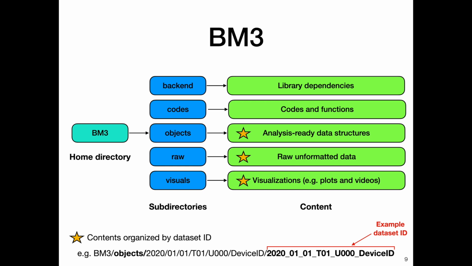An example is shown here as 2020_01_01_T01_U000_device ID. Notice that the path at which files are saved corresponds exactly to the dataset ID. This enables BM3 to process and look up data structures automatically without necessarily bringing them into working memory.